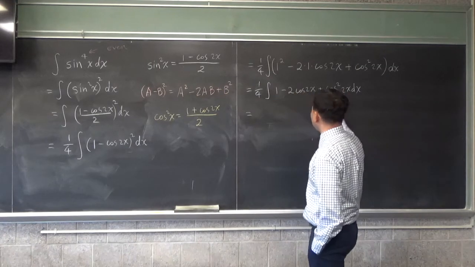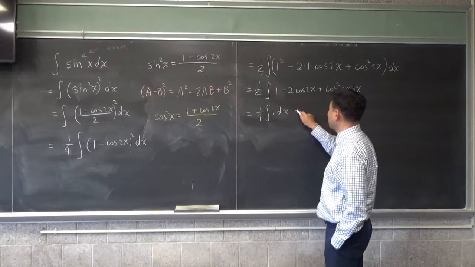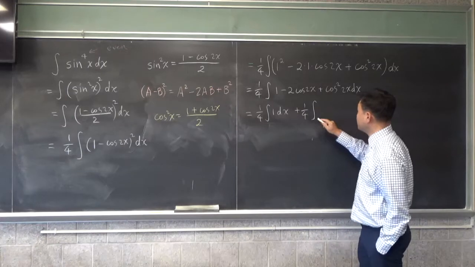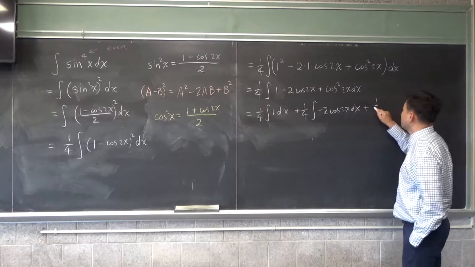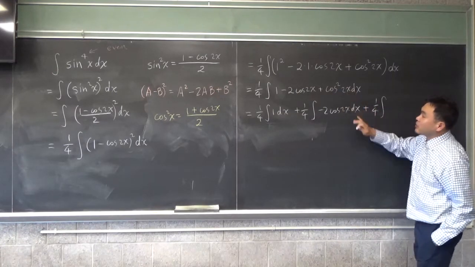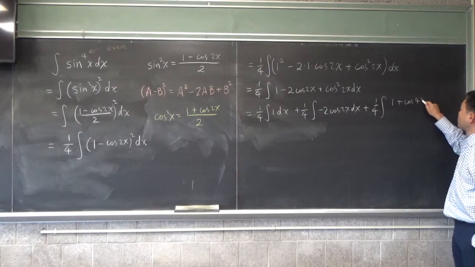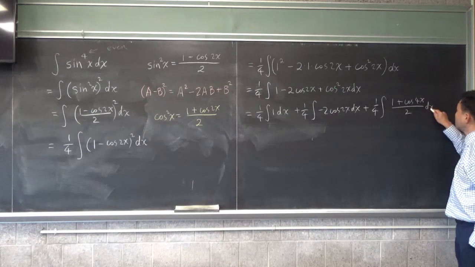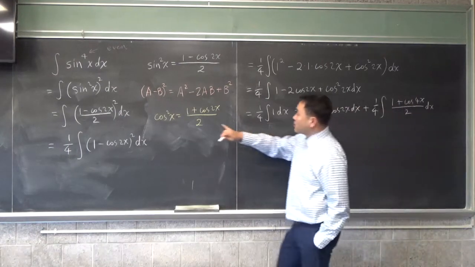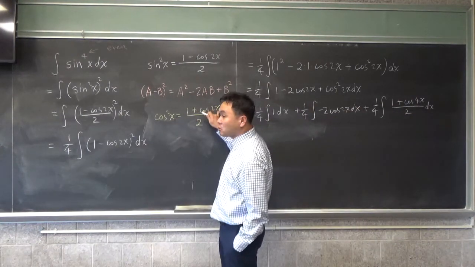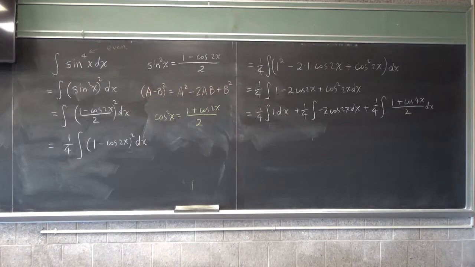And we can break up all these integrals into 3. 1 dx plus 1/4 of negative 2 cosine 2x, plus 1/4 of cosine squared 2x, but that can be replaced by 1 plus cosine 4x over 2. And that's because instead of x here, we have 2x. Therefore, when you do a double of the 2x, it's going to end up being 4x. That's how you get the 4x.